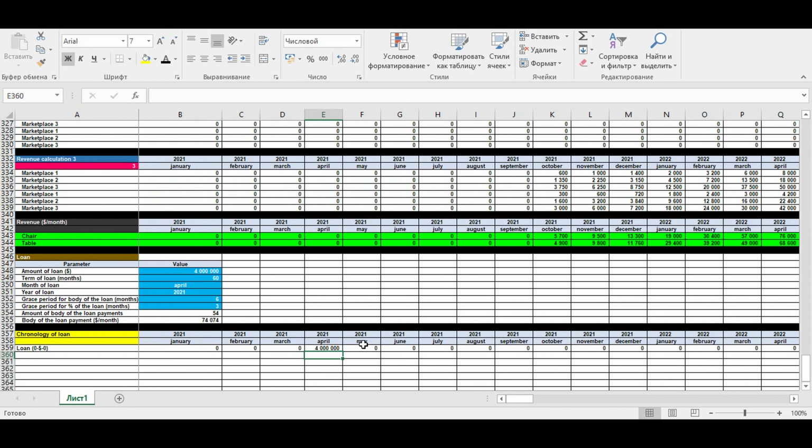Now we have to put one here. It is the moment when we start counting months of our loan.